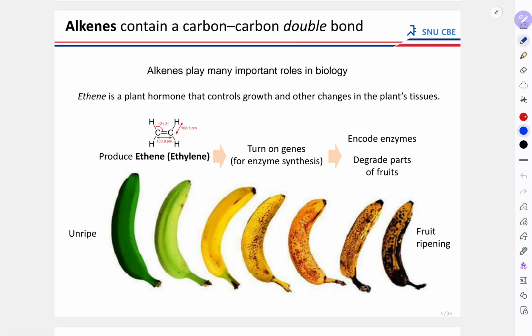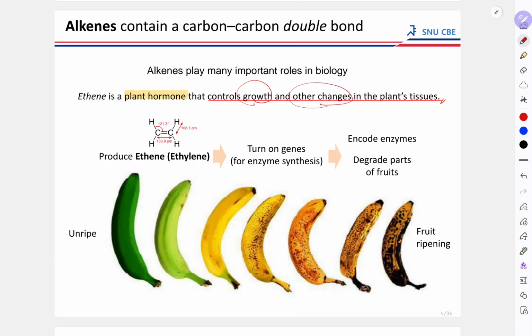And of course, alkenes have important roles in biology. The ethylene, in particular, is a plant hormone, right? They control growth and other changes in plant tissue, right? So basically, this ethylene is very important for the ripening process, right? For instance, for fruit.